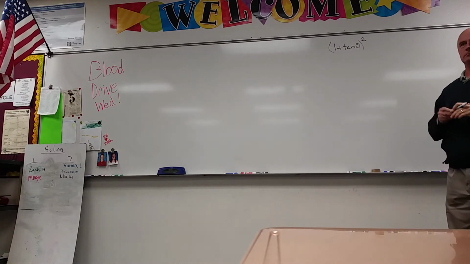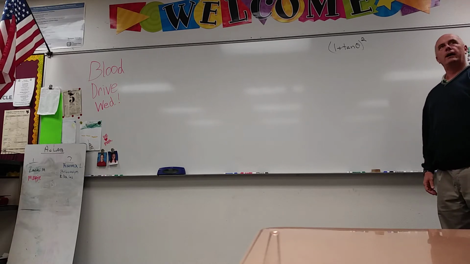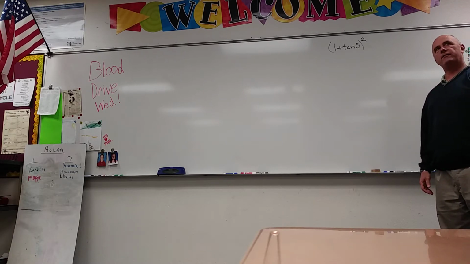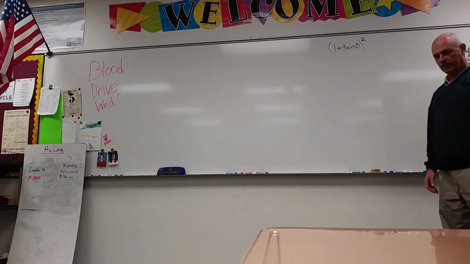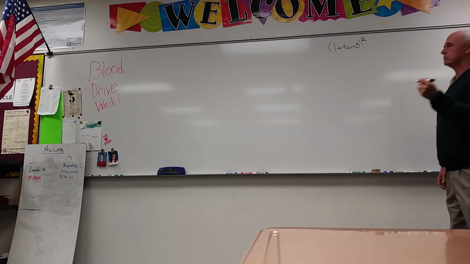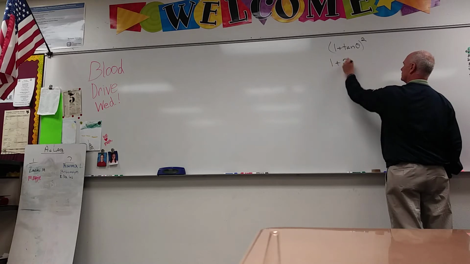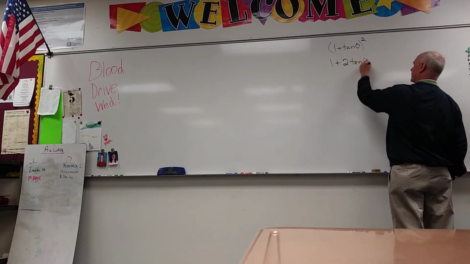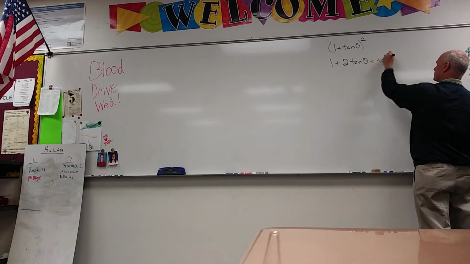Oh, yeah. Hello? Good afternoon, everyone. I have 35 minutes. May I have those 35 minutes? Thank you. 1 plus tangent of theta, squared. Go. 1 plus 2 tangent theta plus tangent squared of theta.